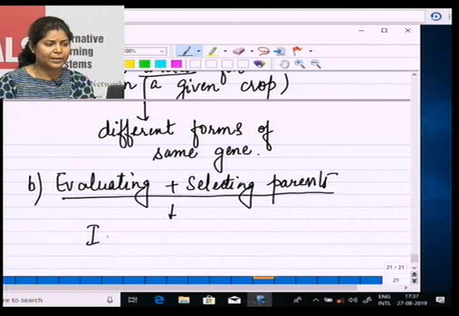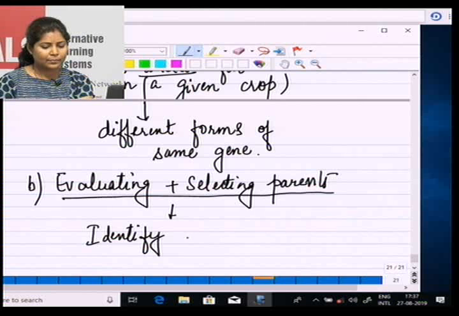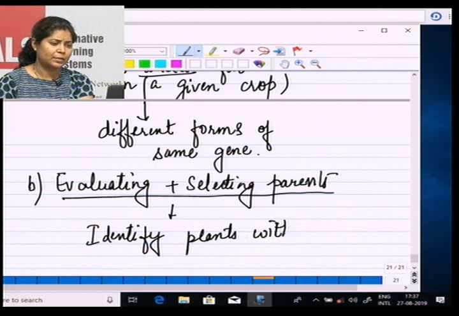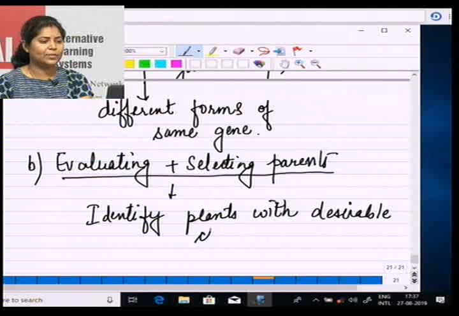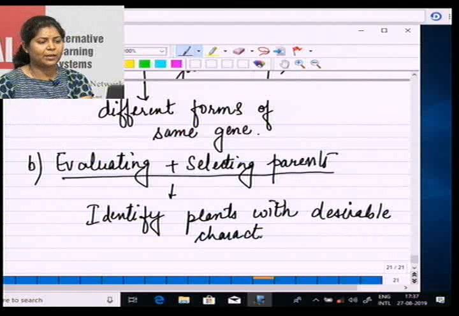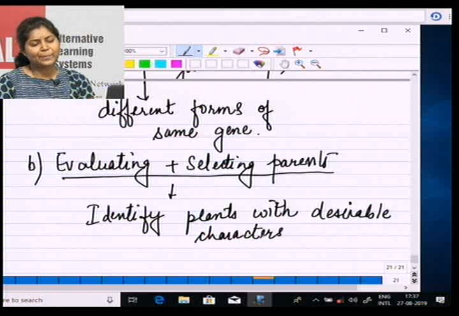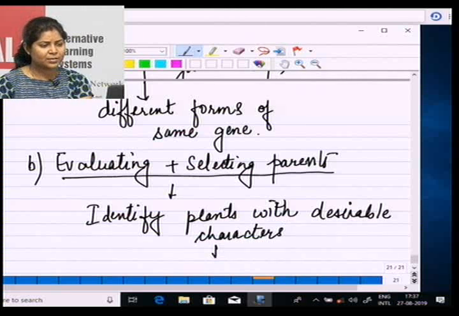So what you do over here, you actually identify plants with desirable characters. As I told you earlier also, I gave you the example of sugarcane from UP and Maharashtra. You will identify plants with desirable characters.